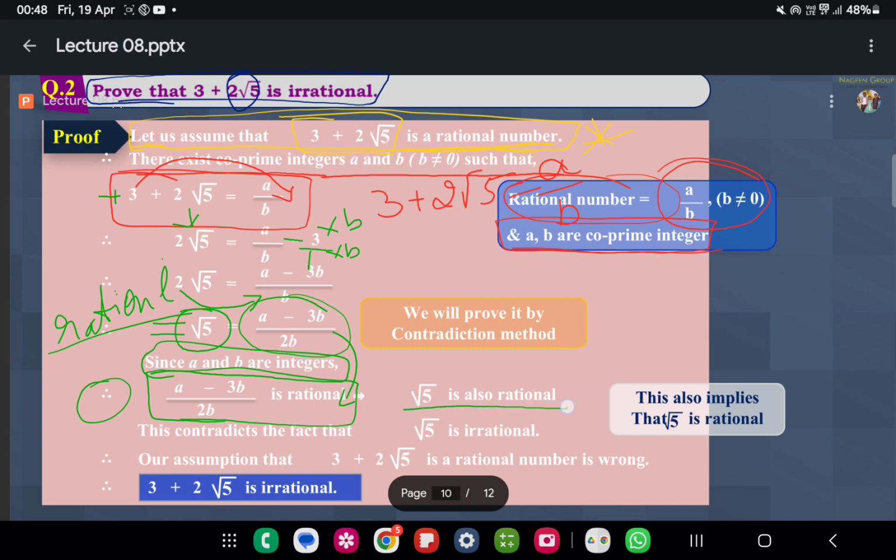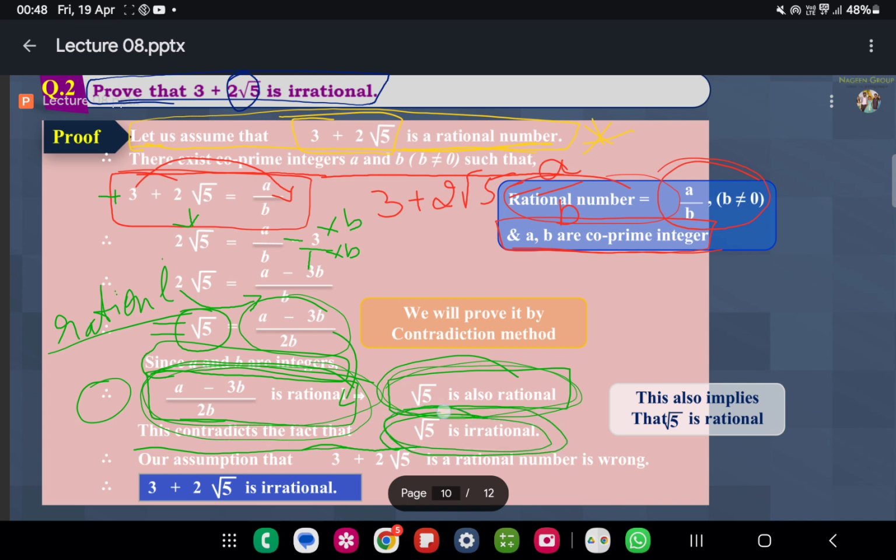We know that root 5 is irrational. This contradicts the fact, because root 5 is irrational, so a minus 3b divided by 2b, which equals root 5, cannot be rational. Before this we assumed root 5 is rational and proved that root 5 is irrational.